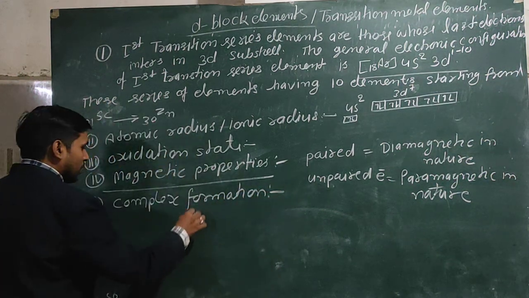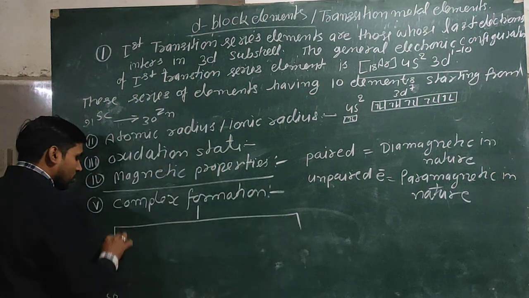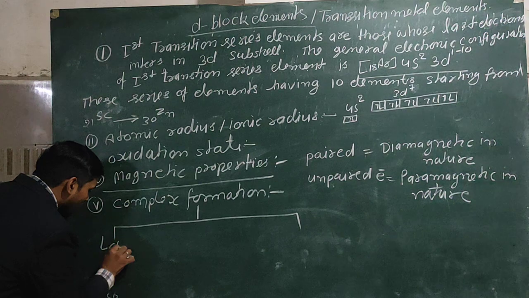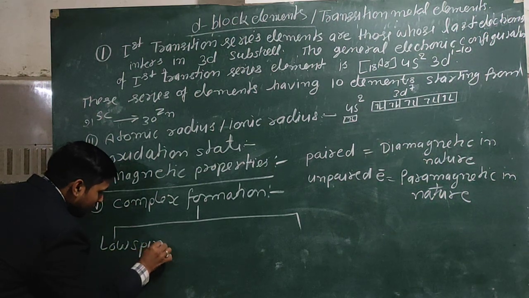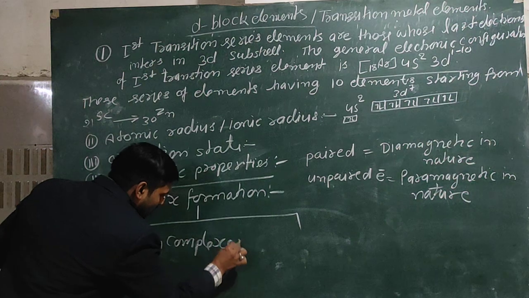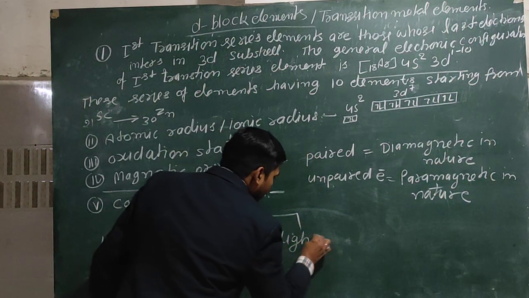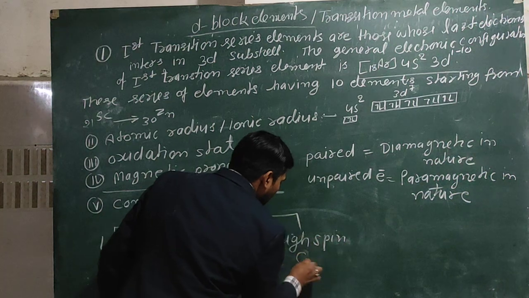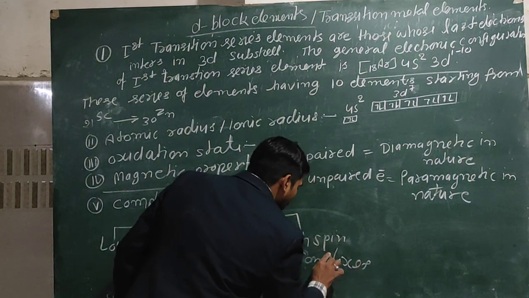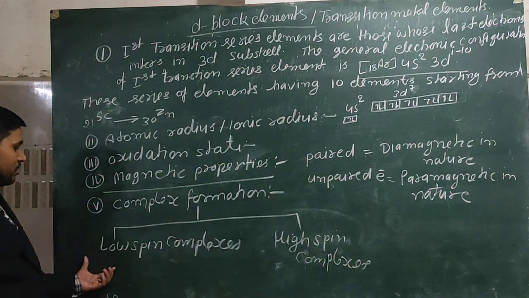All the d block elements can form two types of complexes. First is low spin complexes and second is high spin complexes.